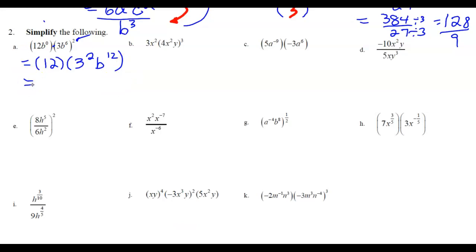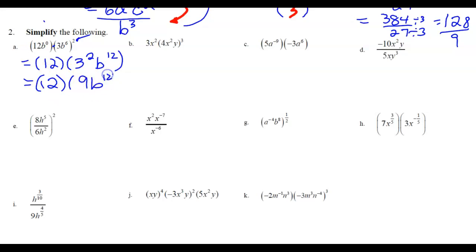I know the common mistakes that students make. They forget about the 2. Think about it as you all want to be treated nicely. You all want to be squared. So 3 needs to be squared, B to the 6 needs to be squared. Everything in those brackets. So now you might have 12 times 9b to the 12.